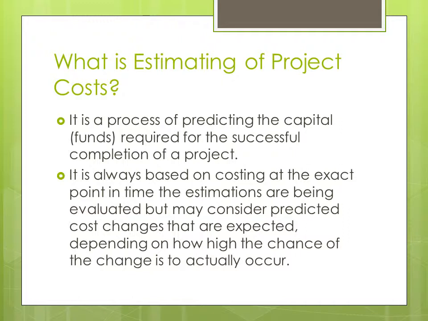So, for example, if the cost of labour is expected to rise or fall over the duration of the project, then you might predict from that point on, if it's an 80 or 90% likely chance to change, you might predict from that point on it's only going to cost you whatever the change is in labour. However, the benefit to sticking to one cost throughout the whole prediction initially is that we should have a conservative cost prediction at the end.